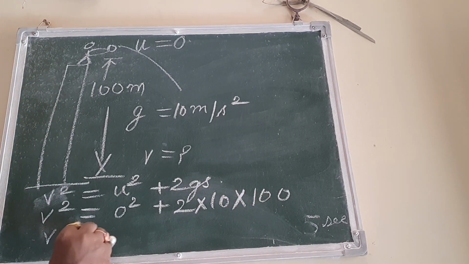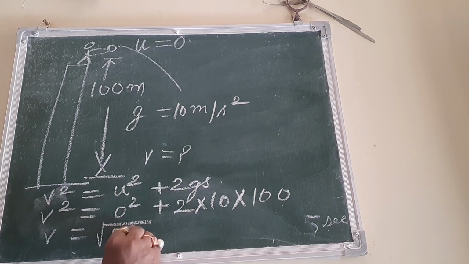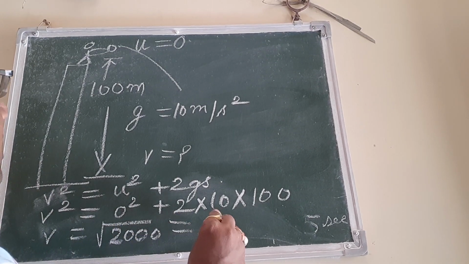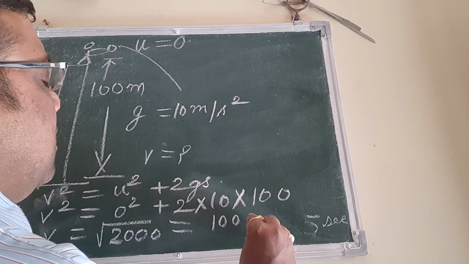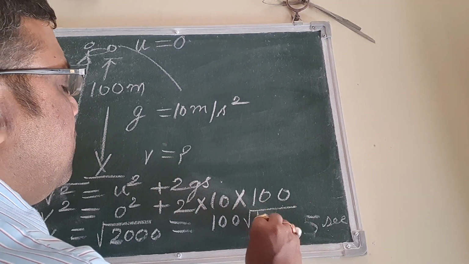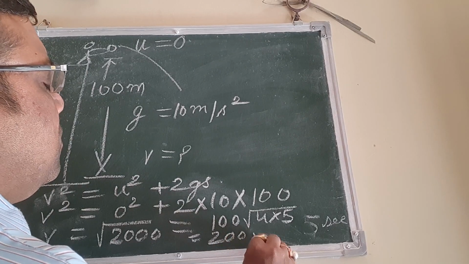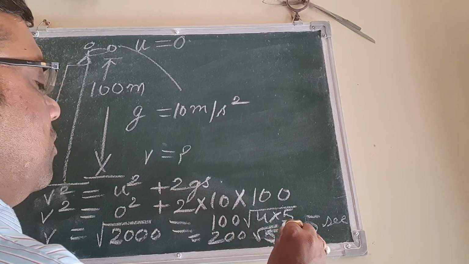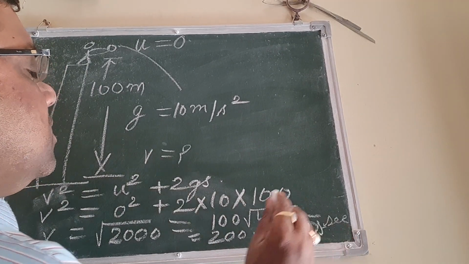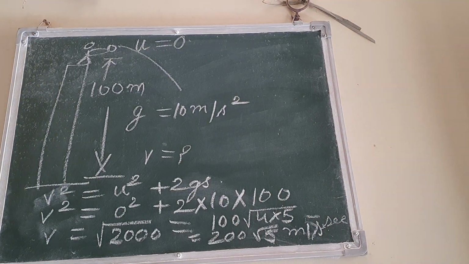So v is coming out to be root of 2000, so it is coming out to be 100 into 4 into 5, so it is coming out to be 200 root 5 meter per second. So this is our answer for the final velocity.